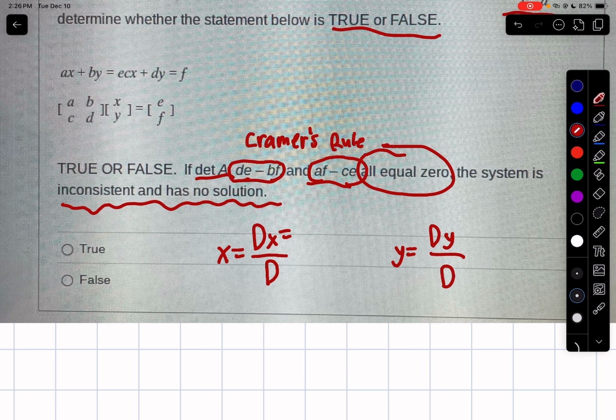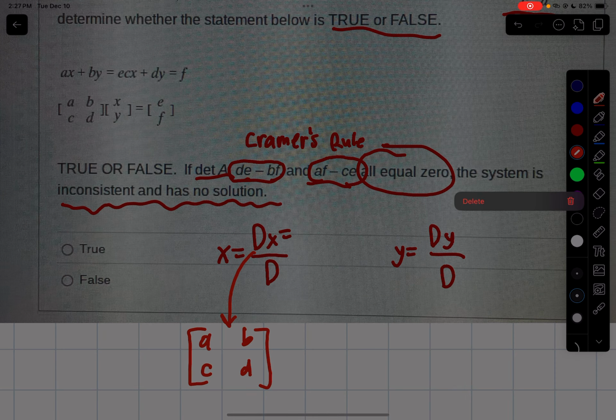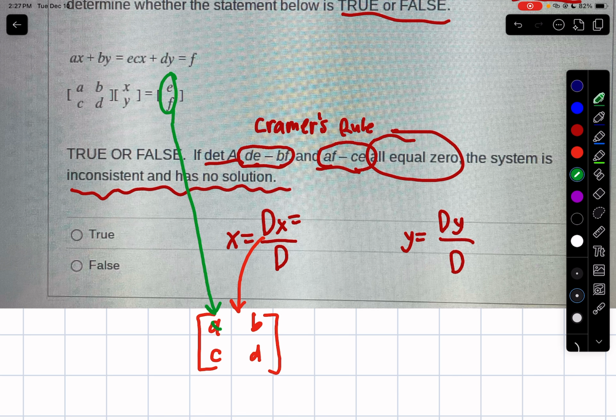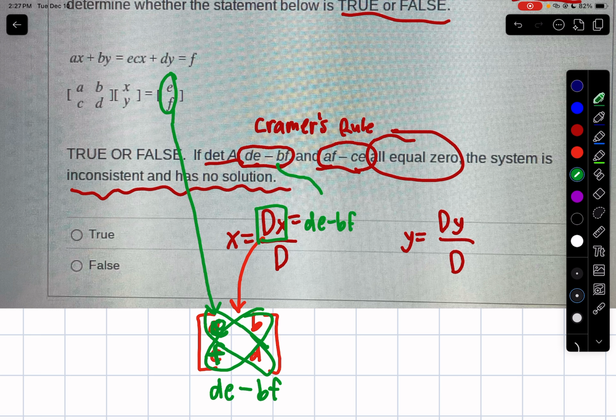To find dx, I start with the matrix A, B, C, D, and Cramer's rule tells me to take E, F and substitute it into that matrix instead of A and C. So now I'm going to have a matrix that looks like this: E, F, and then B, D. If I find the determinant of this new matrix, I get DE minus BF.